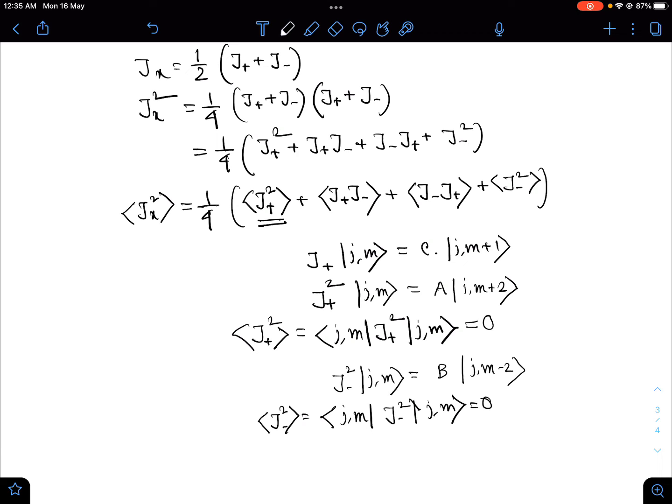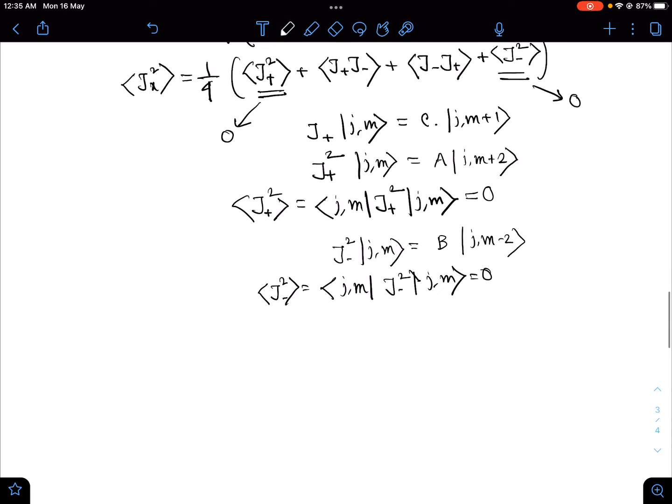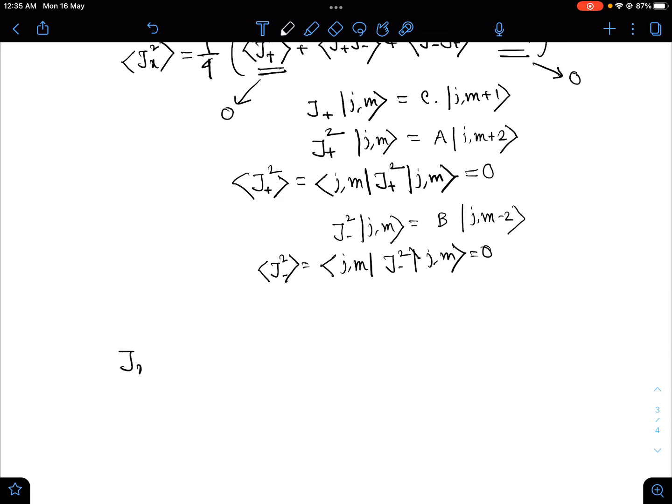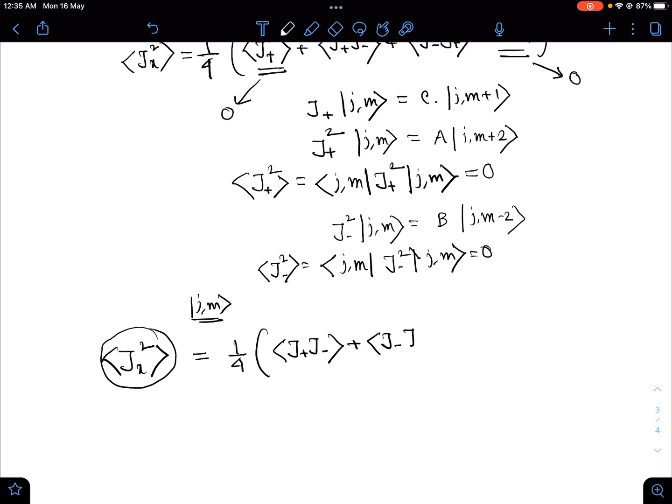So this term and this term, they both are 0. So for state Jm, the expectation value of Jx squared would be 1/4 (J plus J minus plus J minus J plus).